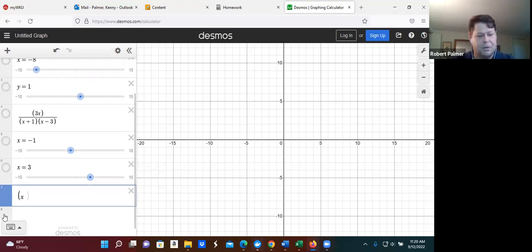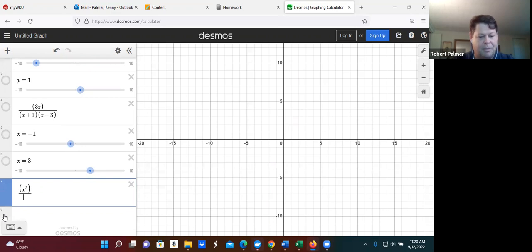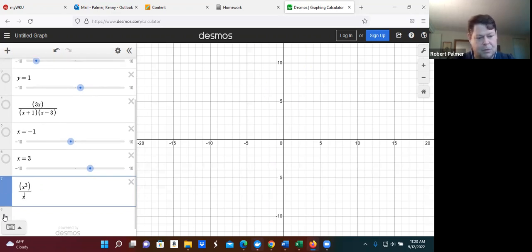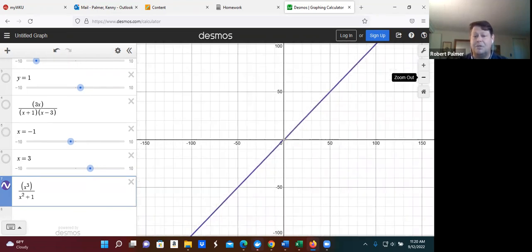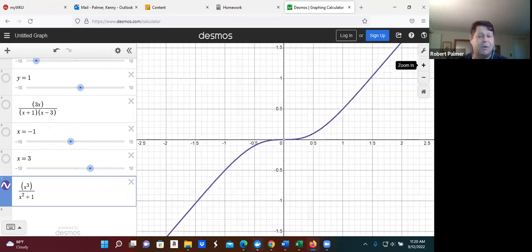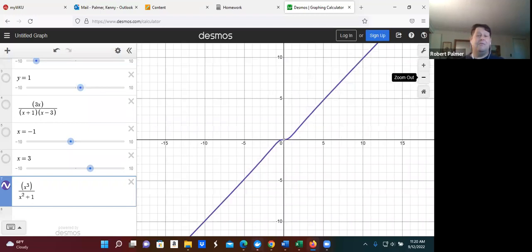So x cubed divided by x squared plus 1. As you can see, no asymptote either way. In fact, we can zoom out, and we'll see it's not quite a straight line close to zero, but it's similar to that far from zero. So no asymptote of any kind for this function.